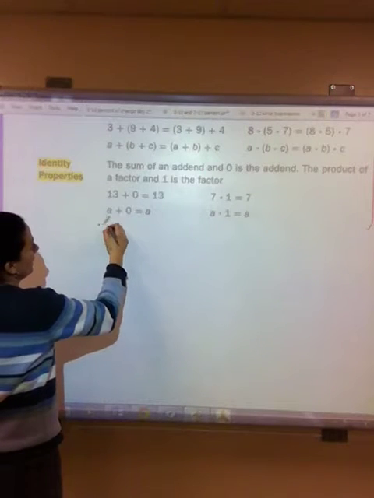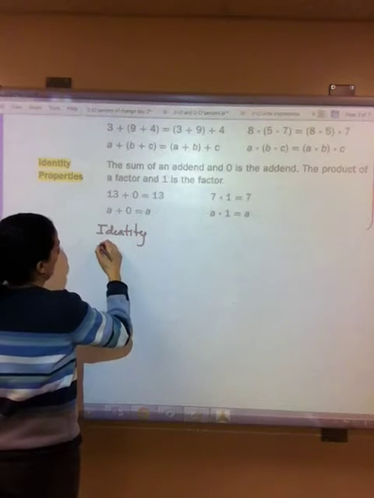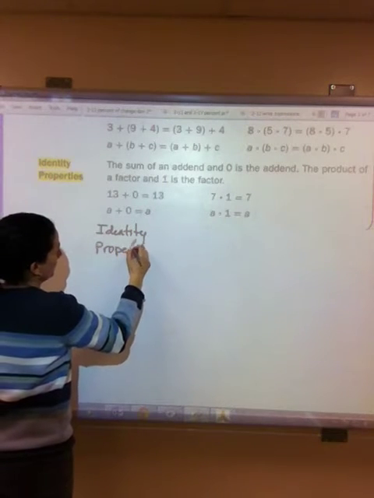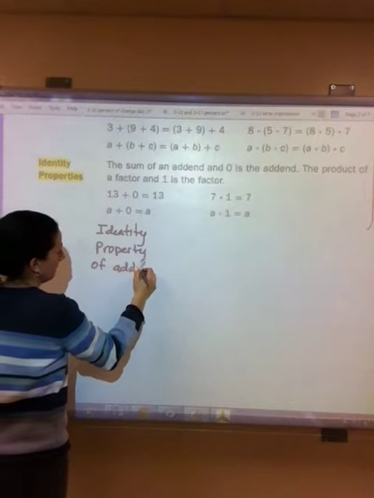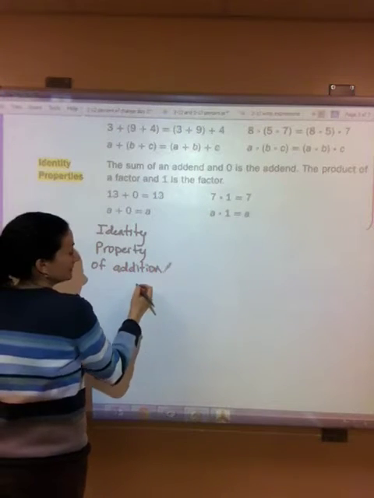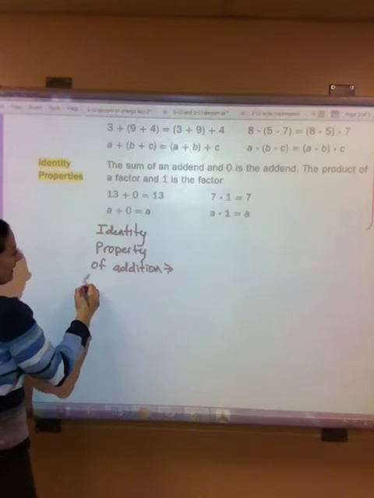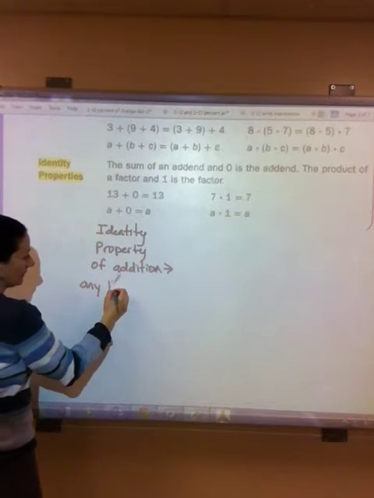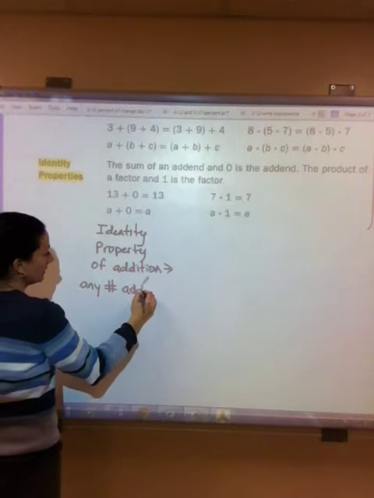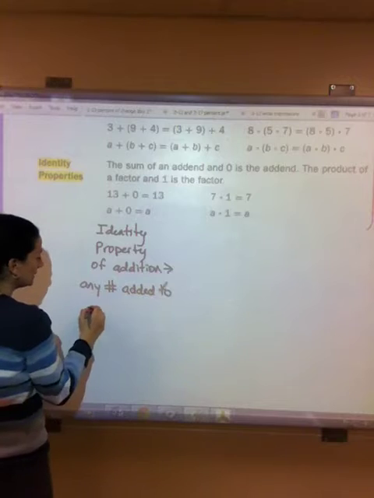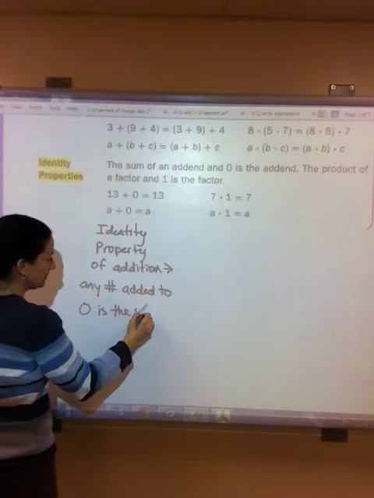So, the identity property of addition simply says that any number, I'm going to use a symbol for number, any number added to 0 is the same number.